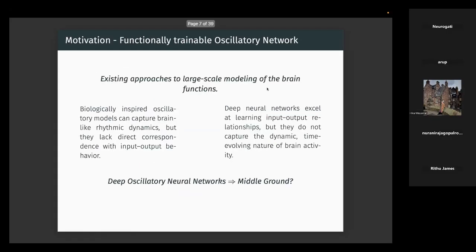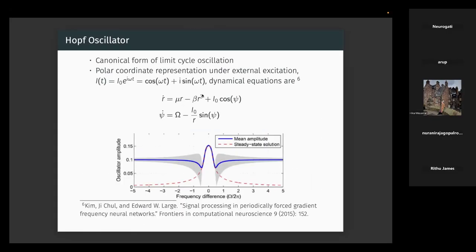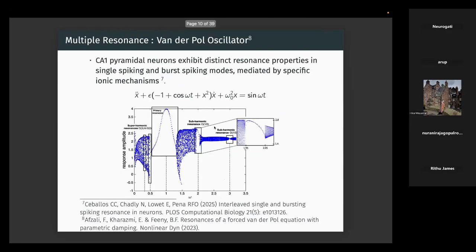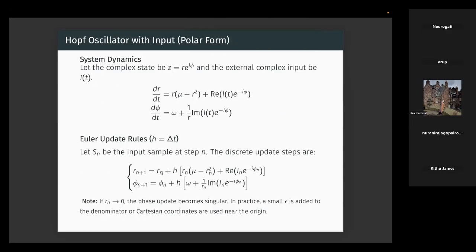If I of t is given by this, then the differential equation is written in this form. Once this differential equation is written in this form, it is solved using the Euler update rule, as I just discussed, and you get a time series. You will do this: R_{n+1} is equal to R_n plus h times the function.